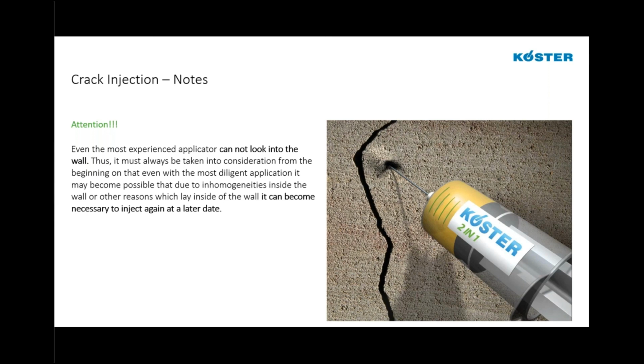It must always be known before the project that even with the best, most diligent application, due to voids or non-homogeneities inside the wall or any other reasons within or behind the wall or related to the crack, it may become necessary to re-inject at a later date to make sure that we seal any voids. Especially when we're doing an injection like this into a crack and hoping that it's all the way sealed, where we can't actually see the installation.